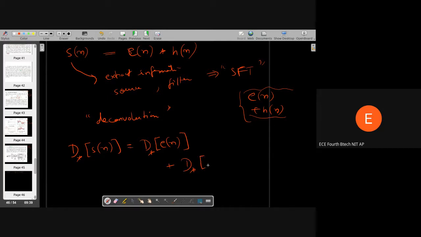It breaks up the convolved output into separate components. So in the case of Cepstrum or complex Cepstrum, we use this homomorphic analysis in the frequency domain.